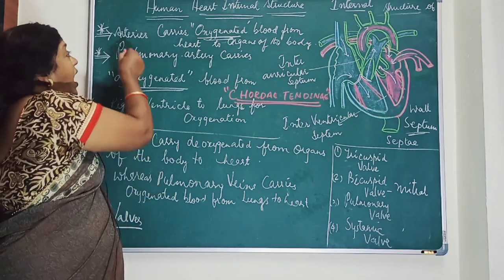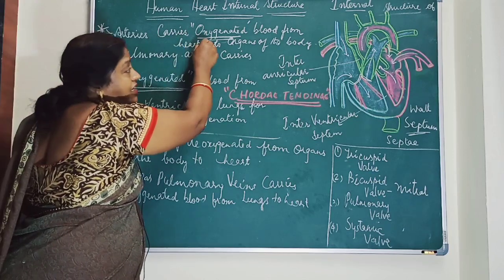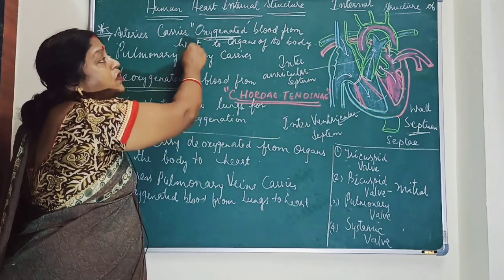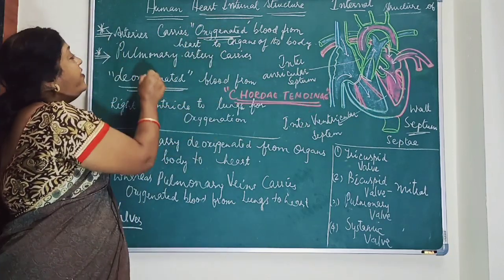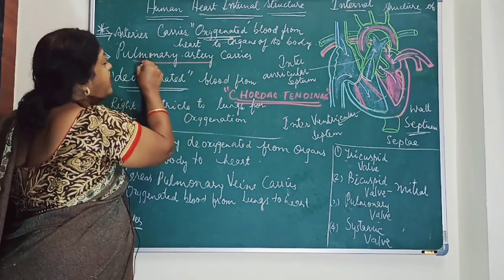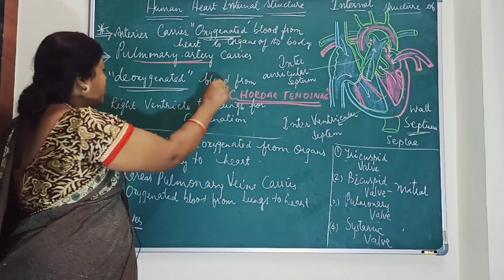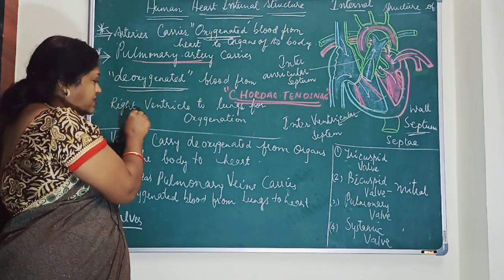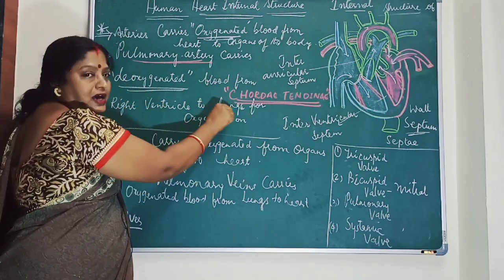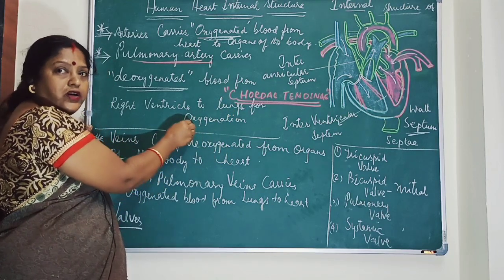Okay, so arteries carry oxygenated blood from the heart to the organs of the body, whereas pulmonary artery carries deoxygenated blood from the heart, that is right ventricle, to the lungs for oxygenation. You should not get confusion.